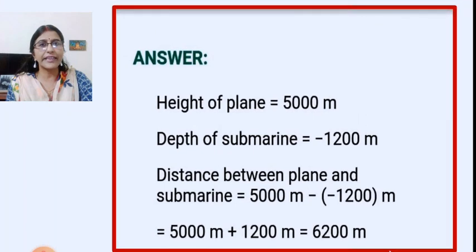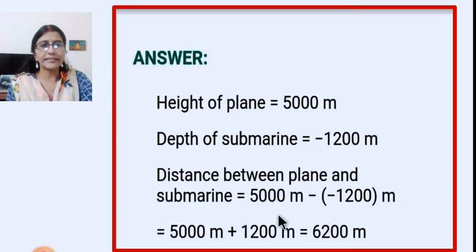Now first, we'll write what is given in the question. We know the height of the plane is 5,000 meters. The depth of the submarine, as it is below the sea level, we will have to write with a minus sign, minus 1200 meters. Now we have to find out the distance between the plane and the submarine, so we will have to subtract these two values. So we'll write 5,000 minus, in brackets, minus 1200.